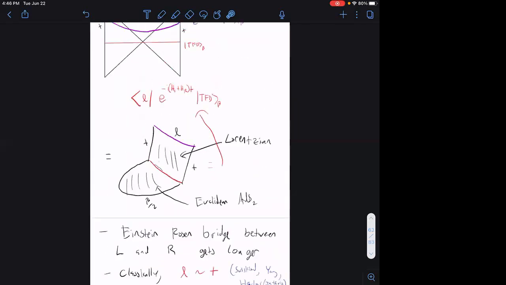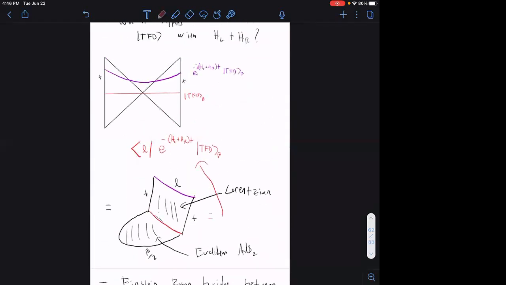So maybe I should look at this slice. We can look at these spatial slices, the red and the purple. And we can see that for the purple one, the horizon on the left is here, the horizon on the right is here. And so there's some distance in between the two horizons. And we can see that as we evolve the purple slice upwards in time, the length between these two boundaries should probably increase.